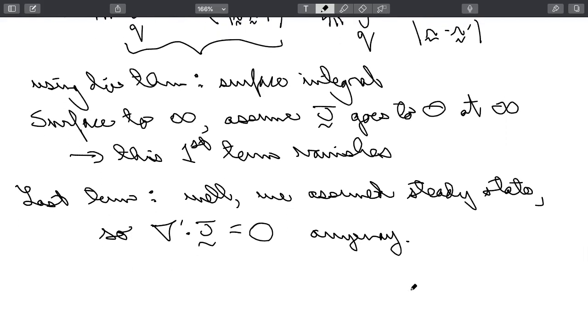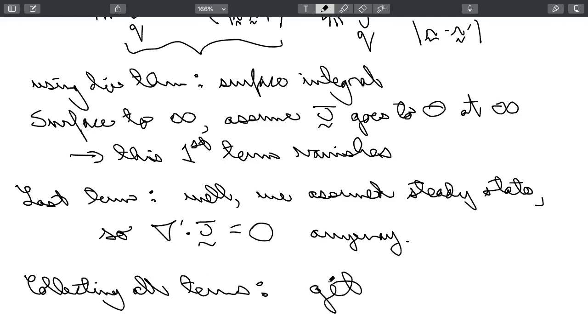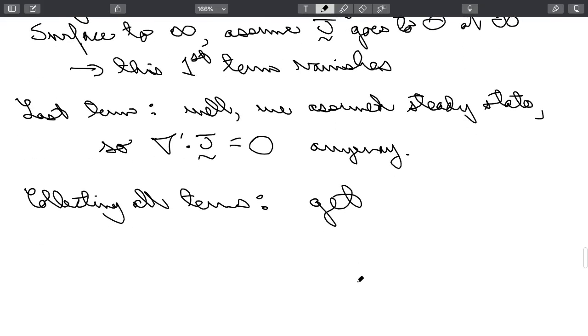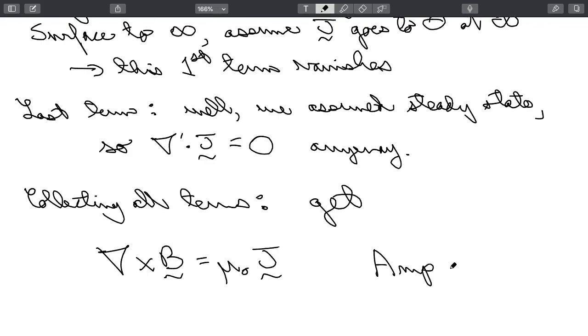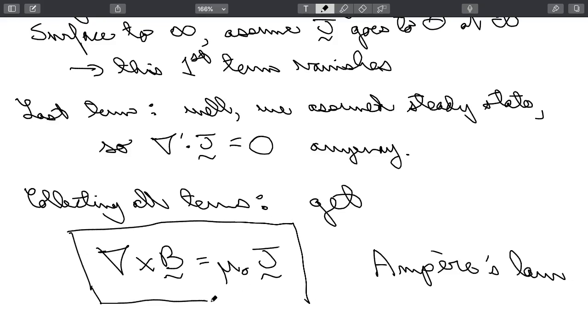So now, collecting all terms, we get simply that the curl of B is equal to mu 0 times the local current density. And this is known as Ampere's law, and again, a nice little box around this equation here.